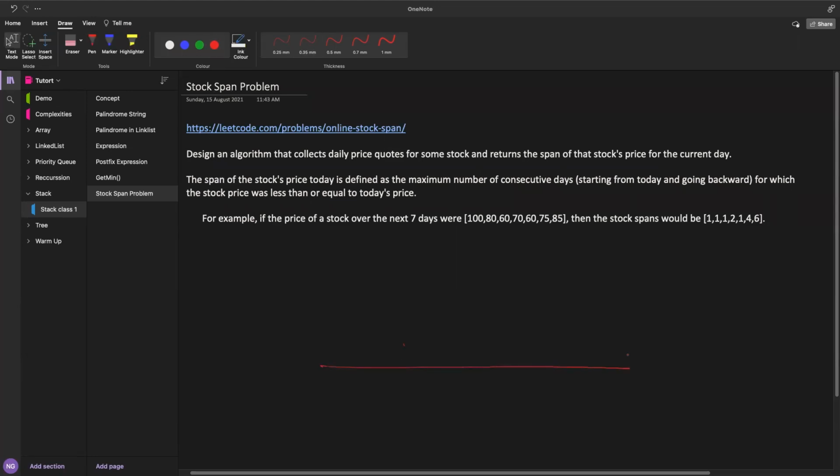Okay. So let's draw a graph here. A simple bar graph. Suppose this is 100. This is 80. This is 60. This is 70. This is 60. This is 75. This is 85.